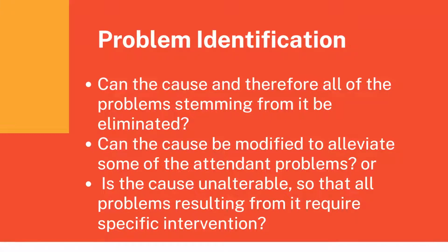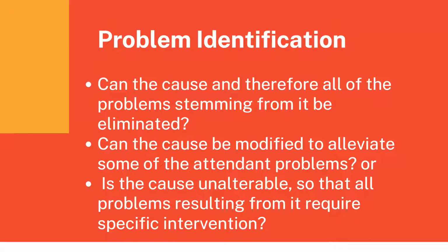You can't take away their cassava or their pounded yam from them, because that's what they eat. Now, can the cause be modified to alleviate some of the problems, if not all? So you can talk about education about diet, like you have mentioned, creating awareness, and helping them see how they can modify their diets.